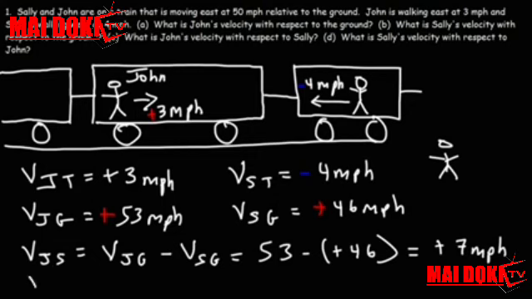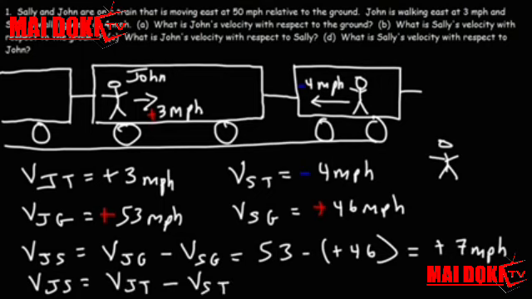Now we can also get the same answer using this formula. Instead of using the ground as the common reference frame, we can use the train as a common reference frame because both John and Sally are on the train. So VJS can also be calculated using this formula, VJT minus VST.